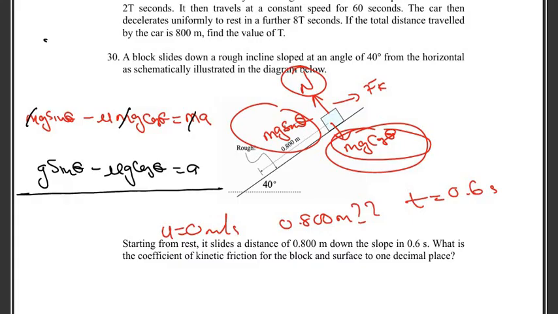We're looking for mu, but acceleration is also unknown. So I'm using the information given, my initial velocity, distance and time, using all the equations at your disposal, because you just don't know which equation may work out. So you need to have everything at your fingertips. All the concepts are interrelated.